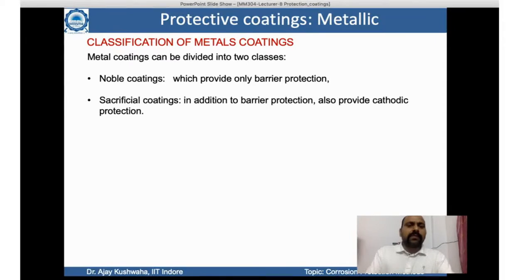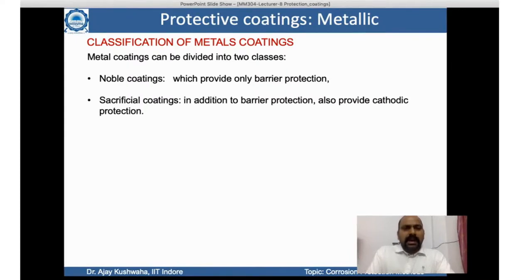In one case we apply a metal which is more noble than the metal used in the application, so that the noble metal layer protects the inner layer, and by this means we can reduce the corrosion rate.